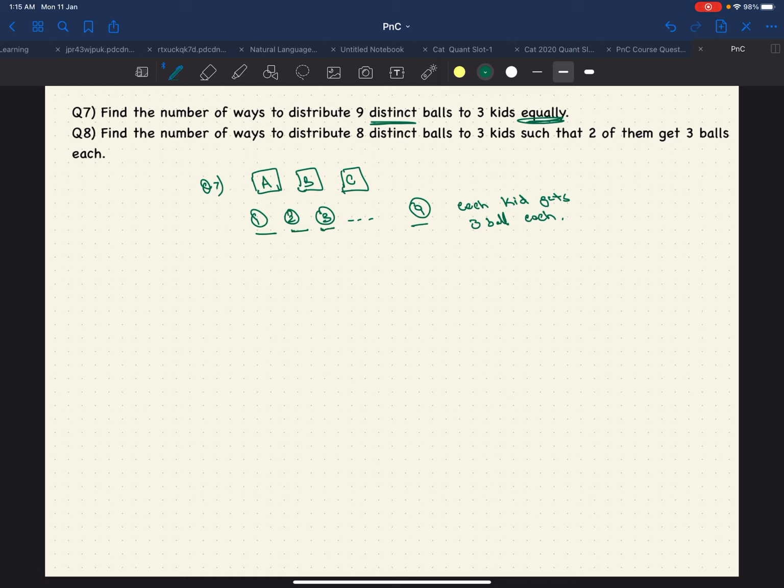So which kid gets what numbered ball becomes important here, which was not the case when all the balls are identical.